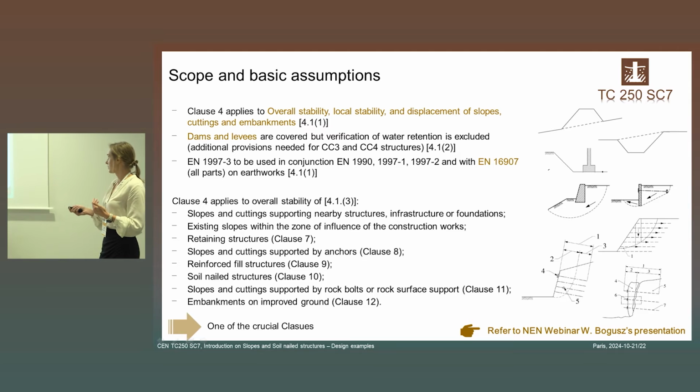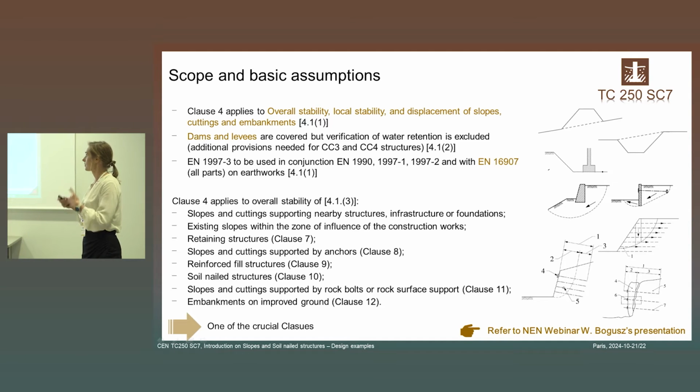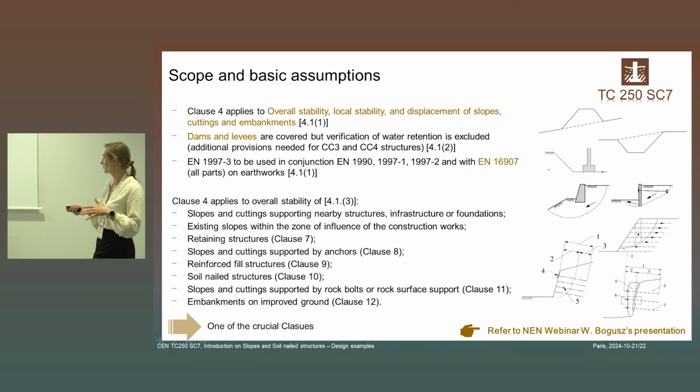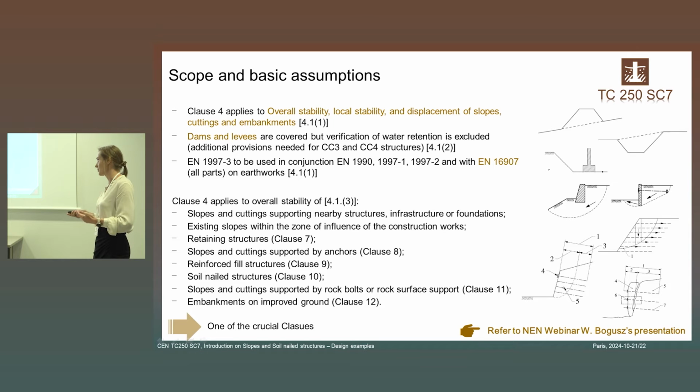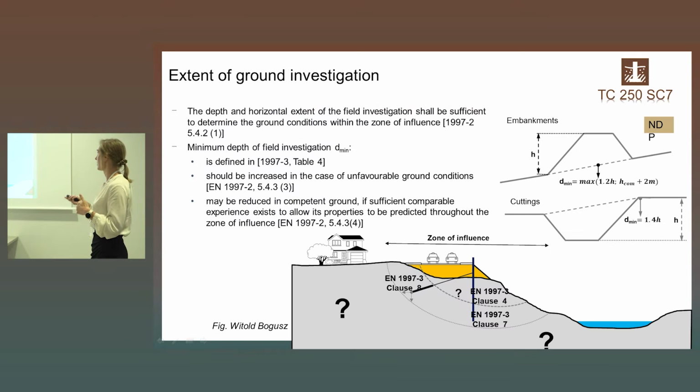Obviously, Eurocode 7 Part 3, including the slope clause, has to be used in conjunction with other Eurocodes, and especially important in the context of slopes, the execution standard for the earthworks. What's important, clause 4 applies to overall stability not only of the slopes, but basically all other geotechnical structures covered in Eurocode 7 Part 3. So it makes it one of the more important clauses.